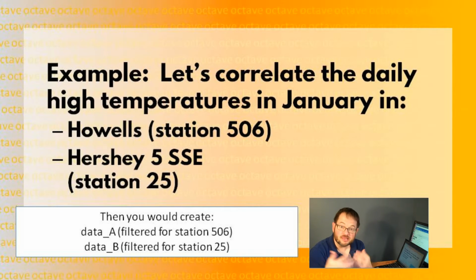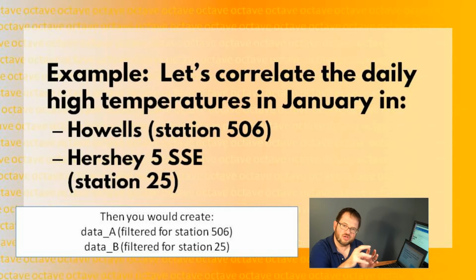I could then use my logical indexing to do another database operation, extracting just the data for what I'll call Station A, which will be Howells, filtered for Station 506 as it happens. And I'll do the same thing again: take my clean data set that's just January, and filter out just the observations that are for Station 25, which happens to be Hershey.